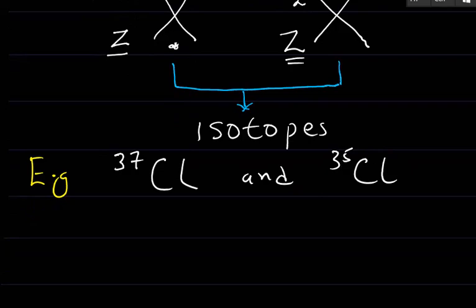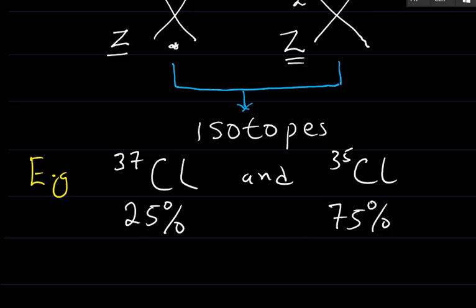Now the percentage abundance, or the percentage by mass, of chlorine-37 is 25%. So chlorine-37 is made up of 25% of the mass of the entire atoms of the chlorine element, while chlorine-35 takes 75%.